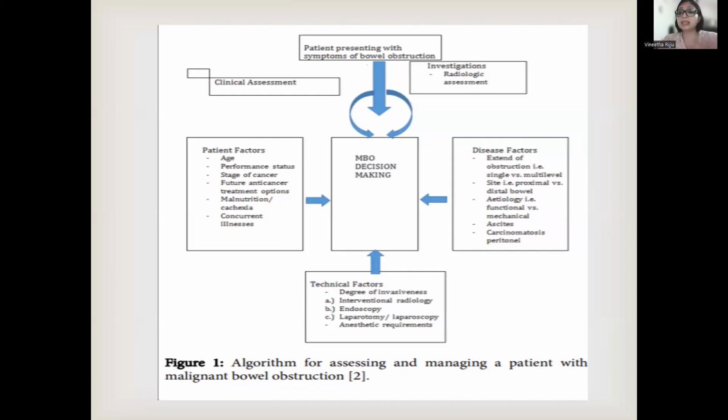Now, site: is it a proximal or a distal bowel obstruction site? And whether it is a functional obstruction, mechanical obstruction, whether there is ascites, or whether it is carcinomatosis peritonei. All these, like ascites and carcinomatosis peritonei, are factors which are against a very aggressive treatment.